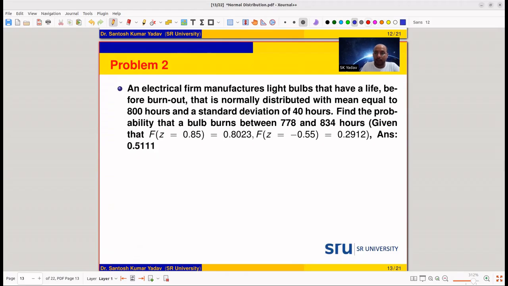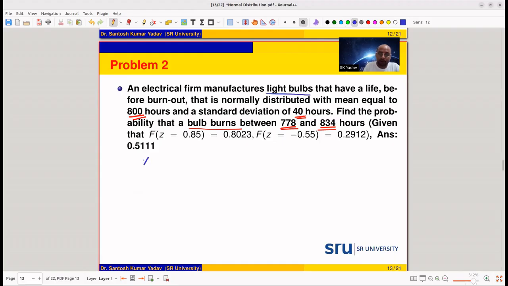An electrical firm manufactures light bulbs that have a life before burnout that is normally distributed with mean equal to 800 hours and a standard deviation of 40 hours. Find the probability that a bulb burns between 778 and 834 hours. So it is clearly mentioned that the firm manufactures light bulbs that have a life.